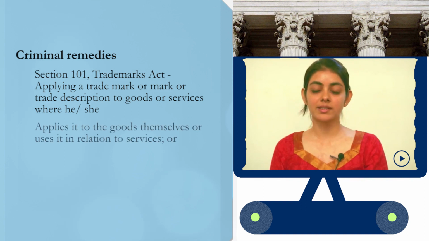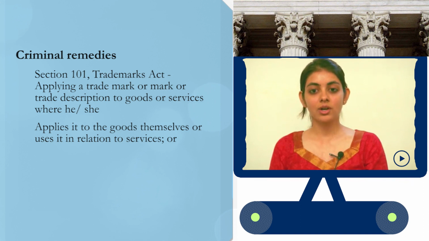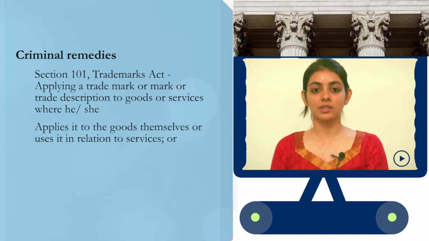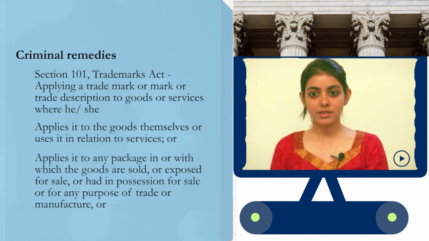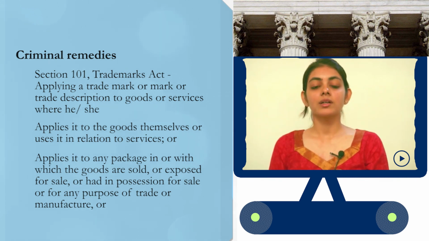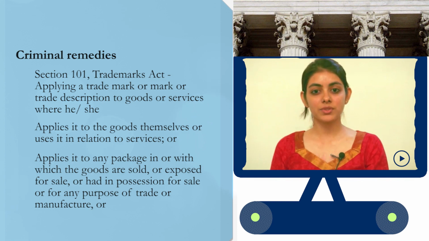This section provides that applying a mark means applying it to goods themselves or use it in relation to services, or applying to any package of the goods, or placing, enclosing or annexing any goods which are sold, exposed for sale or had in possession for sale or for any purpose of trade or manufacture with any package or other thing to which a trademark or trade description has been applied.